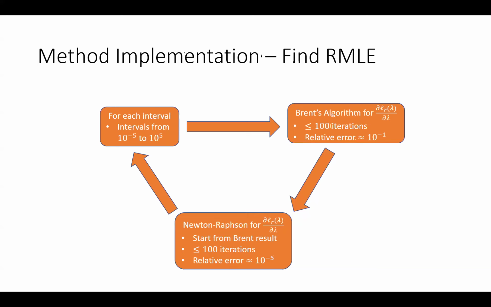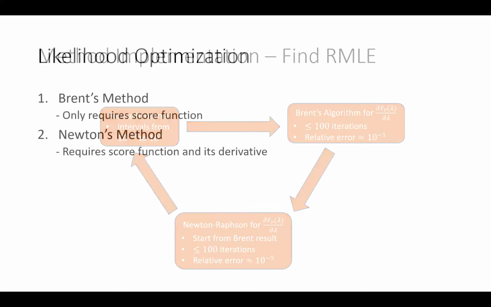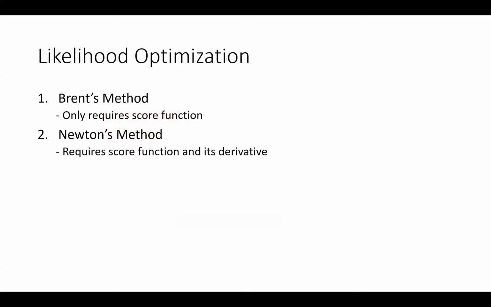Then we apply Newton-Raphson starting from Brent's result for up to 100 iterations with a relative error of 10 to the negative 5. The reason we do this is Brent's method only requires a score function. Newton-Raphson requires a score function and the derivative. The derivative of the score function is not nice to compute for this, so we don't want to do that.